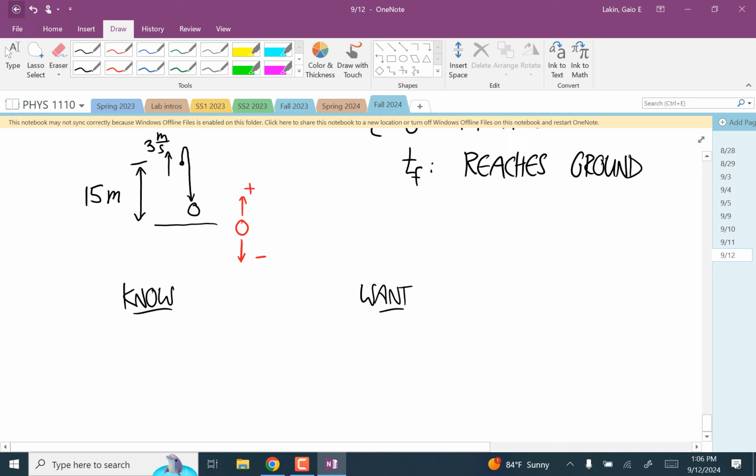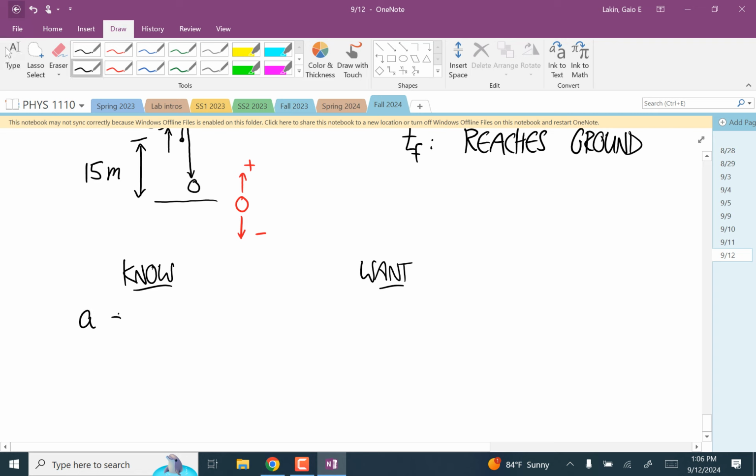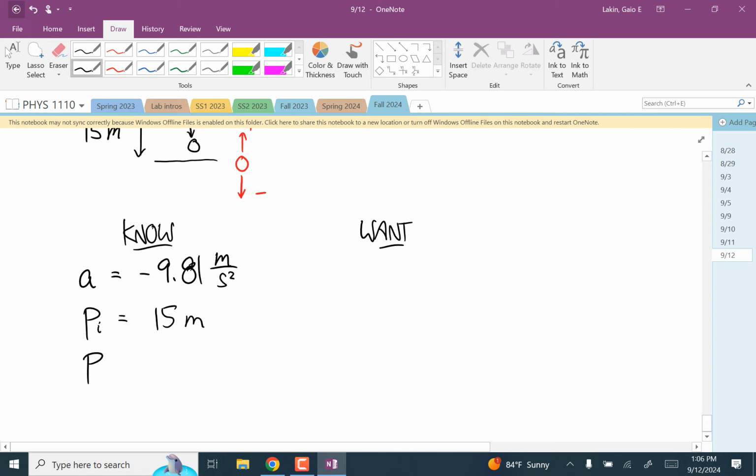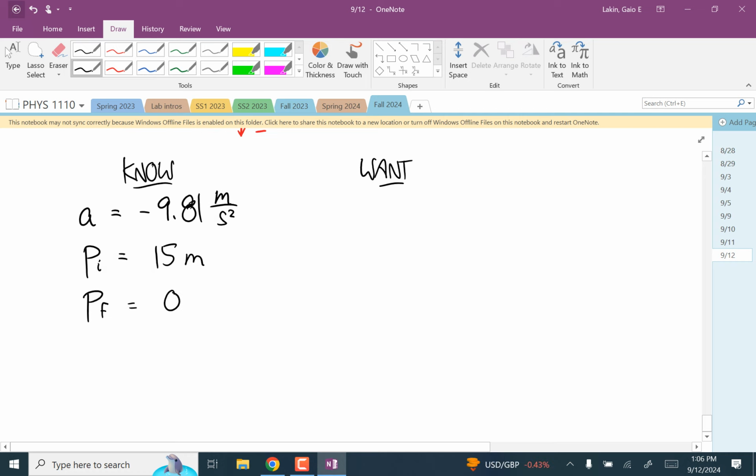We don't know the total time. The acceleration is negative 9.81. The initial position is positive 15. The final position is 0. The initial velocity is 3 meters per second. And we're trying to calculate the final velocity.